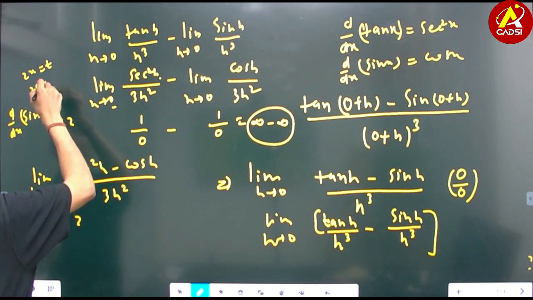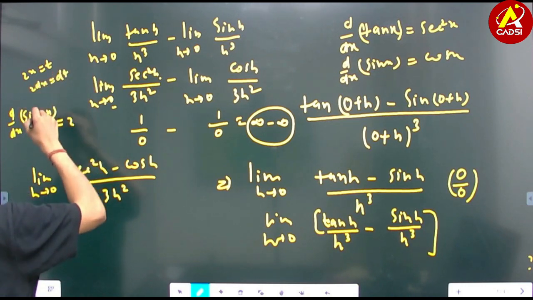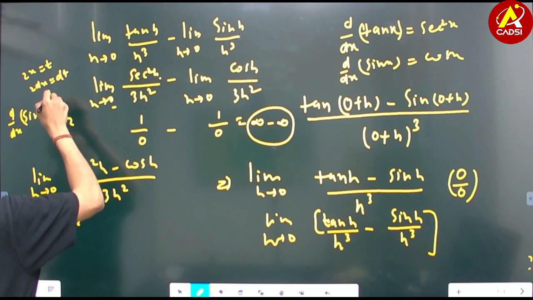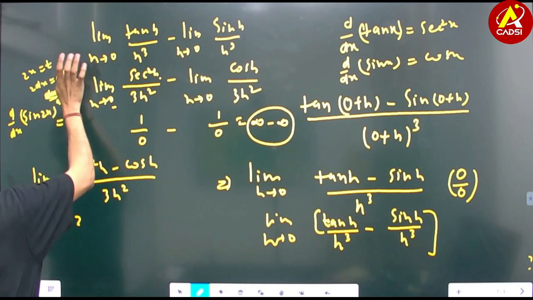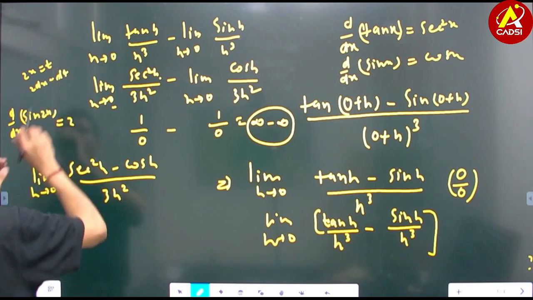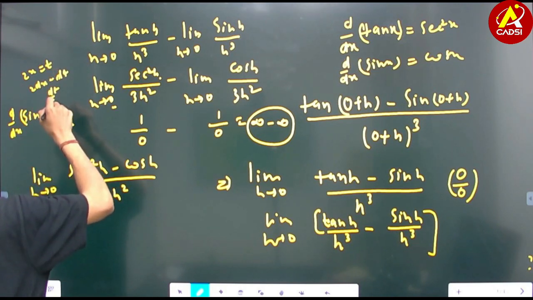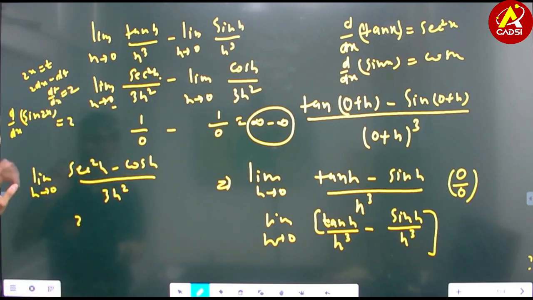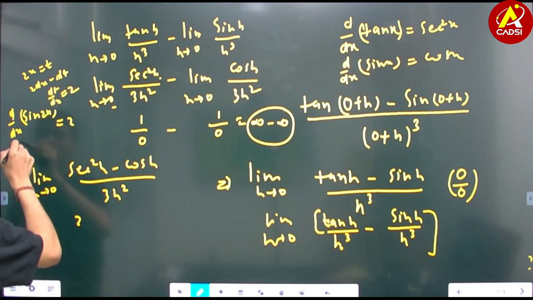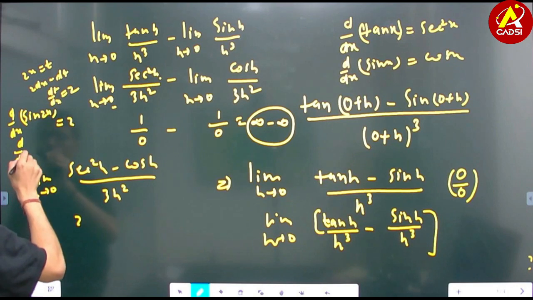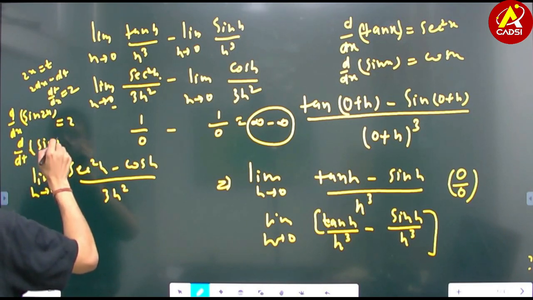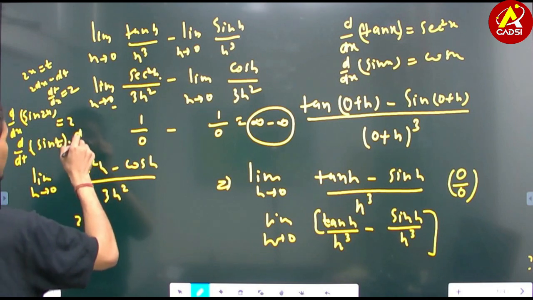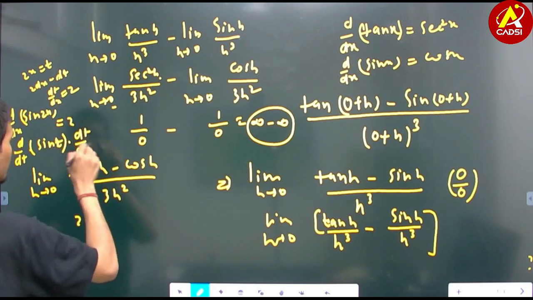So 2 dx equals dt, which means dt upon dx is 2. So we write d upon dt of sin t, and dt upon dx.